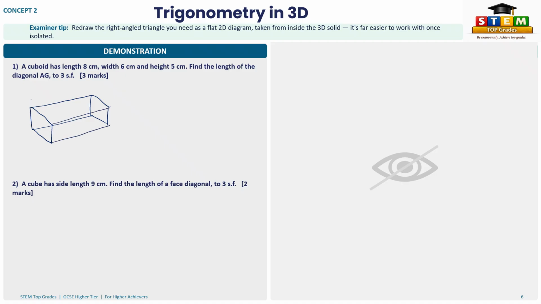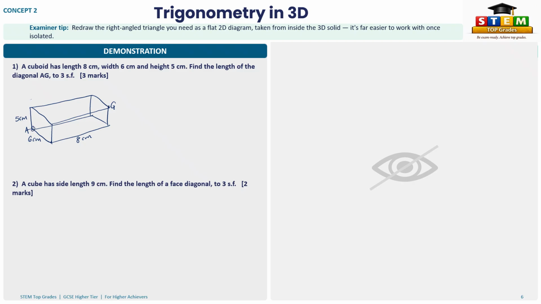There you go, done. The cuboid has length 8 centimeters, width 6 centimeters and height 5 centimeters. The question says find the length of the diagonal AG. That's the full length across that corner to the other corner.